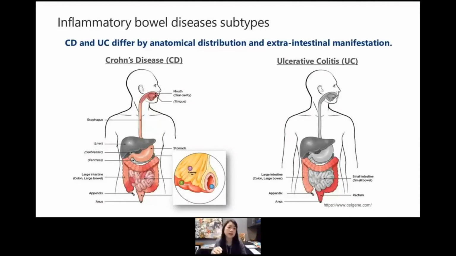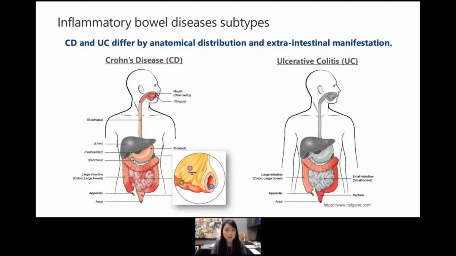And so for inflammatory bowel diseases, there are two main subtypes, Crohn's disease and ulcerative colitis. And they differ in terms of where inflammation occurs. Crohn's disease has patchy inflammation throughout the intestinal tract, whereas ulcerative colitis tends to localize in the large bowel.